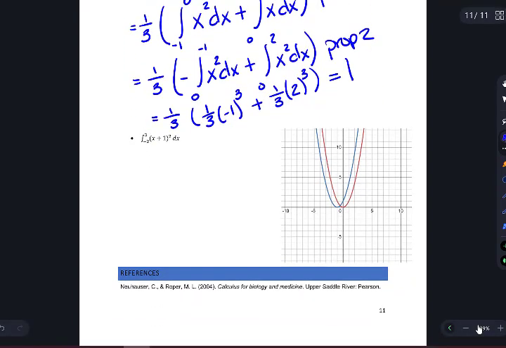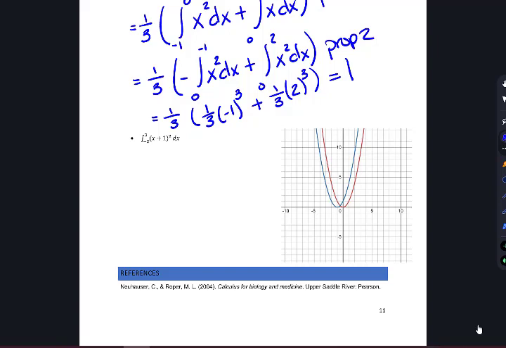All right, one last example here. Here we're interested in the integral from -2 to 3 of x plus 1 squared dx. Now this one, we can't quite use our properties. We need to be a little bit more crafty with this one.